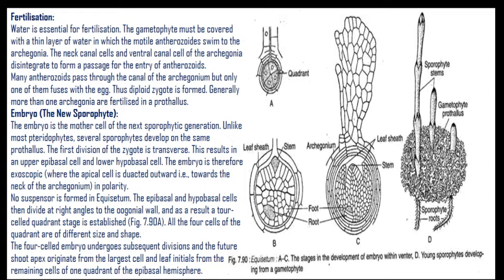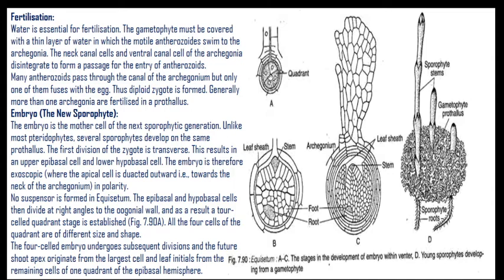The epibasal and hypobasal cells then divide at a right angle to the archegonial wall. As a result, the quadrant stage is established, which is shown in diagram A. Quadrant means 4 cells are developed.